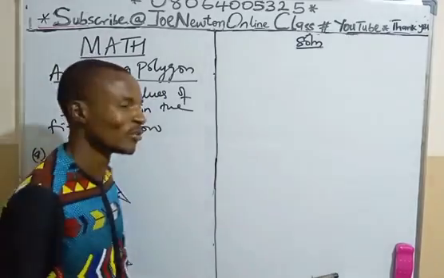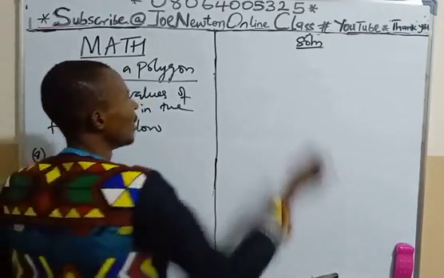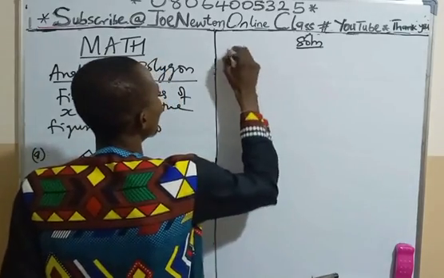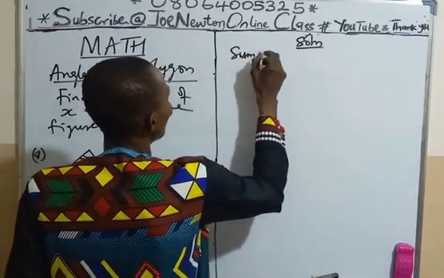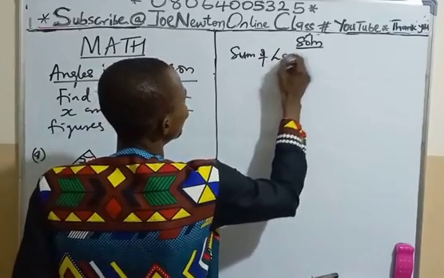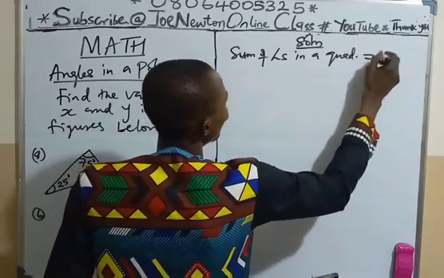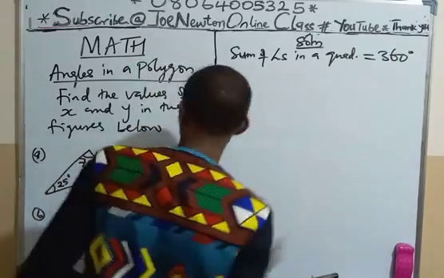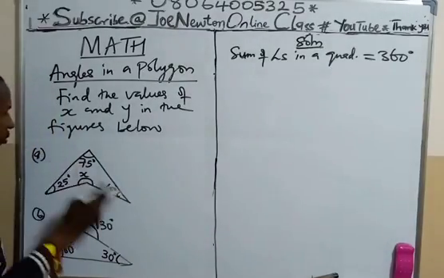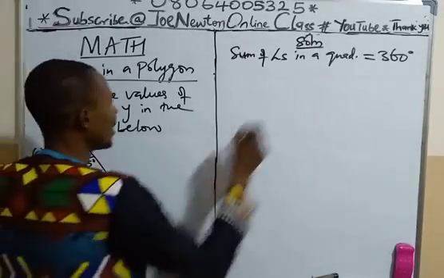That will help us solve this particular one. Now we know that the sum of angles in a quadrilateral is equal to 360 degrees. Look at 1, 2, 3, 4.